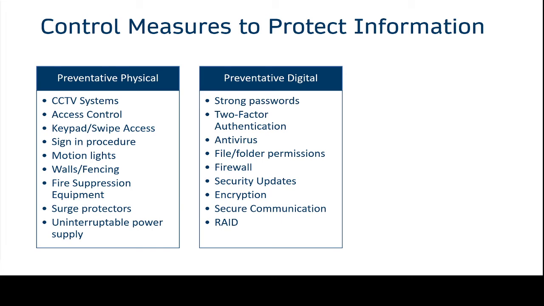Secure communication is communication which uses encryption. Interestingly, emails are not secure communication when they're external. When they're internal, so when you're sending an email to one of your colleagues within your organisation, it is secure and it is encrypted. But if you send an email to someone in another organisation, it's not actually encrypted. It is stored on the email server of the internet service provider in plain text, and they can easily look at it.